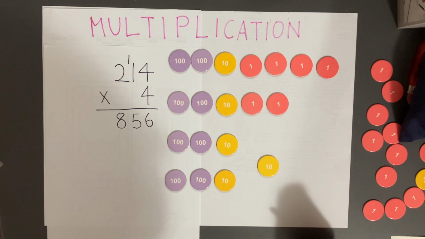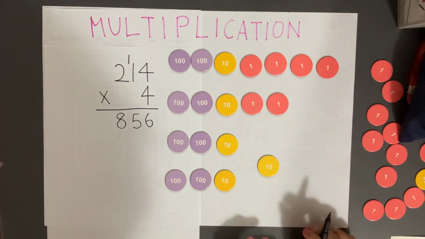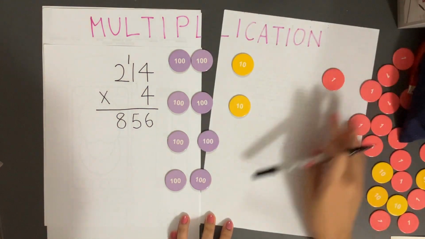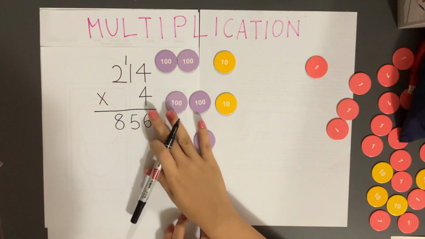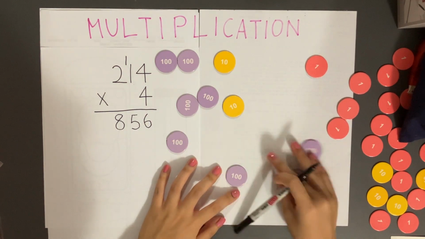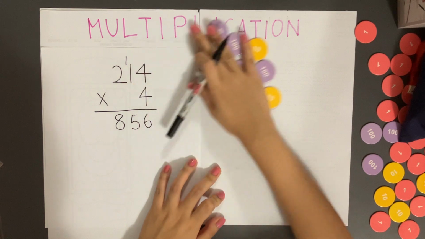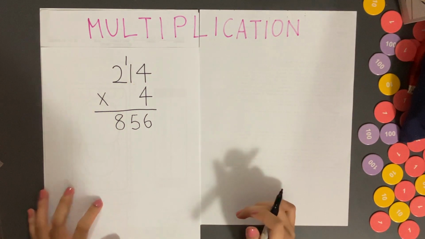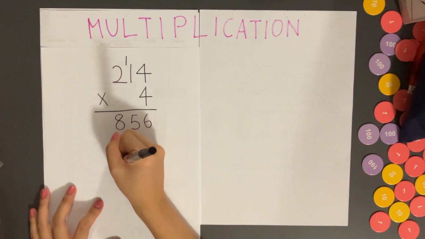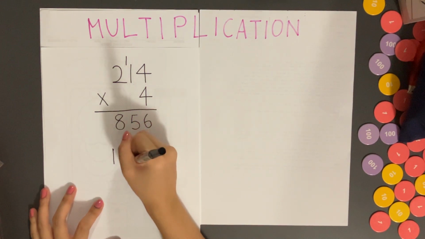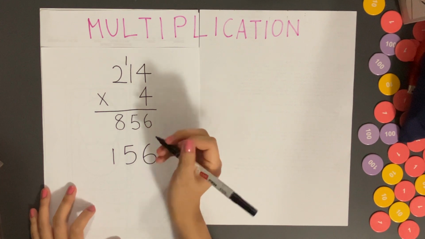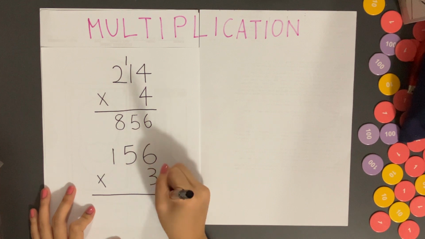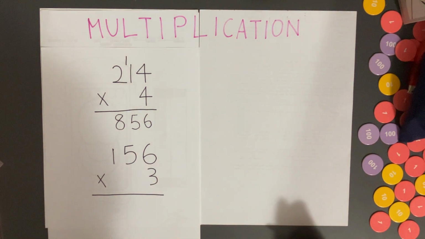Okay, and let's go through one last example. Okay, let me remove my number list first. Okay, now I want to find 156 times 3.